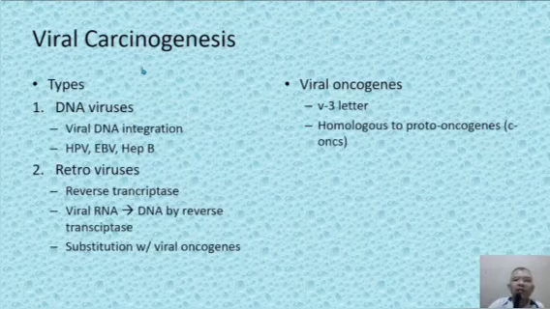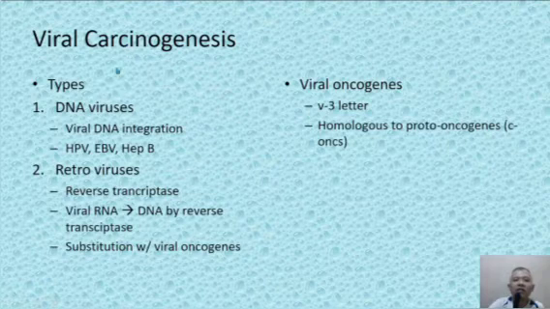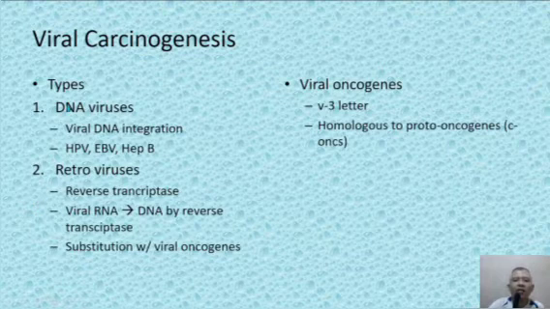So, viral carcinogenesis. There are also carcinogens that come from viruses. There are two types of viruses: DNA viruses and retroviruses. DNA viruses are integrated into the human genome by themselves.